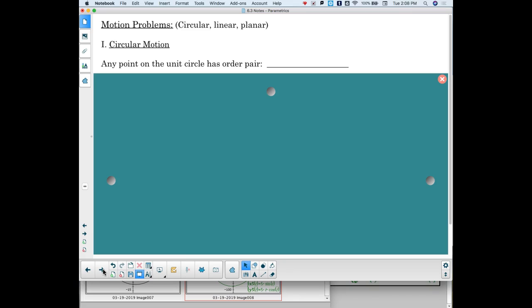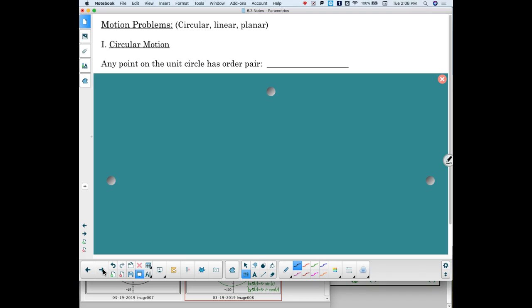So if I am dealing with the unit circle, and we've been dealing with the unit circle for many, many moons now, any point that is on the unit circle has an ordered pair of what? Cosine theta, sine theta, or cosine of t, sine of t, right?